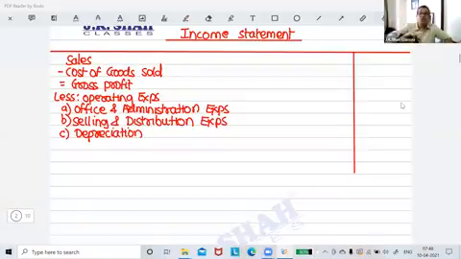Now we are bifurcating the expenses. All expenses which were earlier written under the debit side of P&L, same thing, but with some bifurcation. Expenses related to office and administration would be under one group. Expenses related to selling and distribution would be under another group. Depreciation will show up separately. Why? It is a non-cash expenditure.